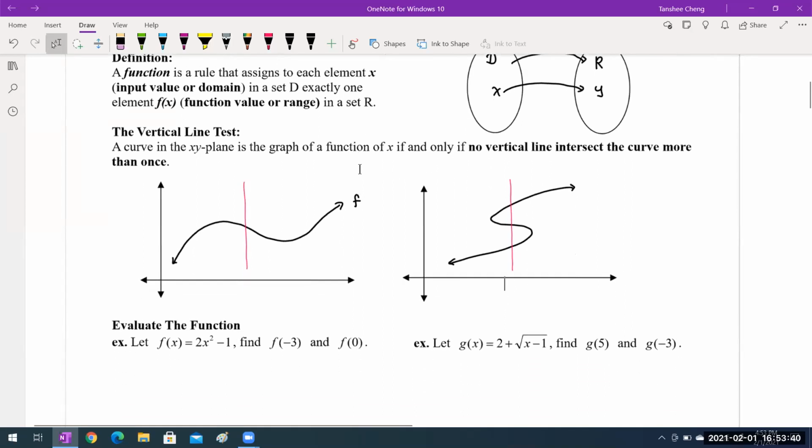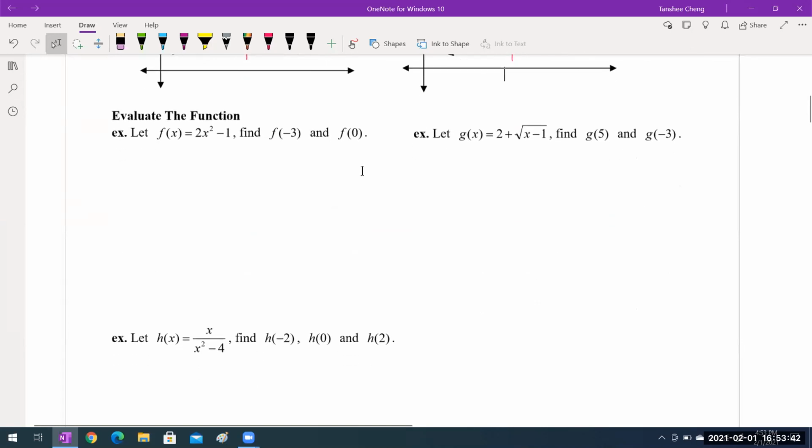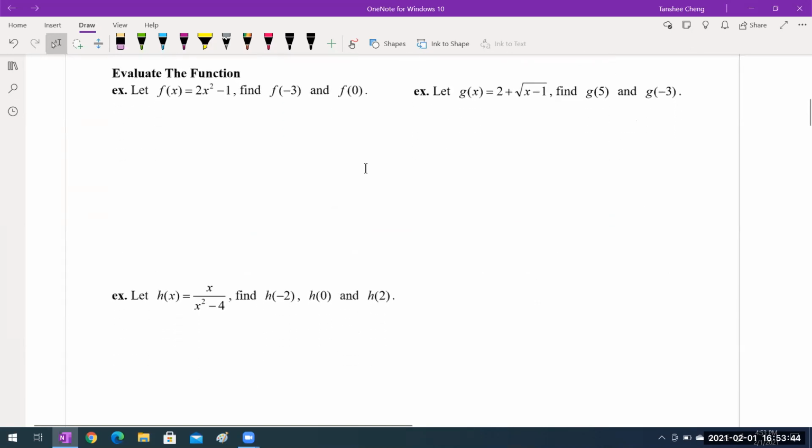The next step is to quickly review evaluating functions. Evaluating a function is simply substituting the values into the formula and computing. Let's take a look at the first example, where the function is a quadratic and we want to evaluate at -3 and 0.